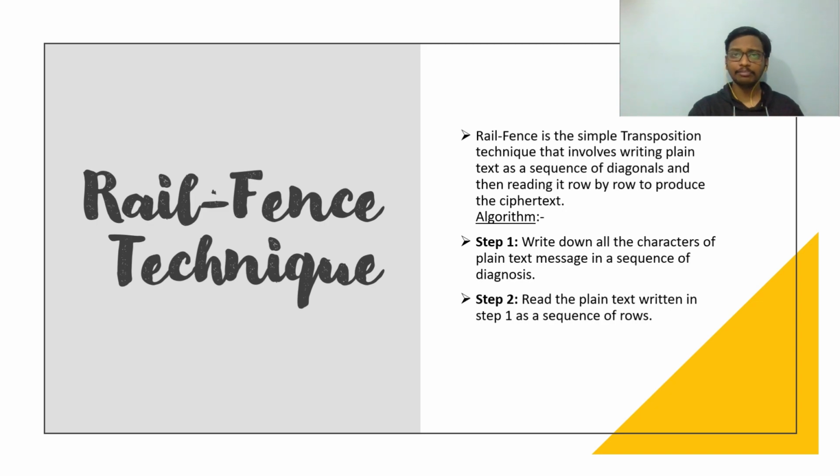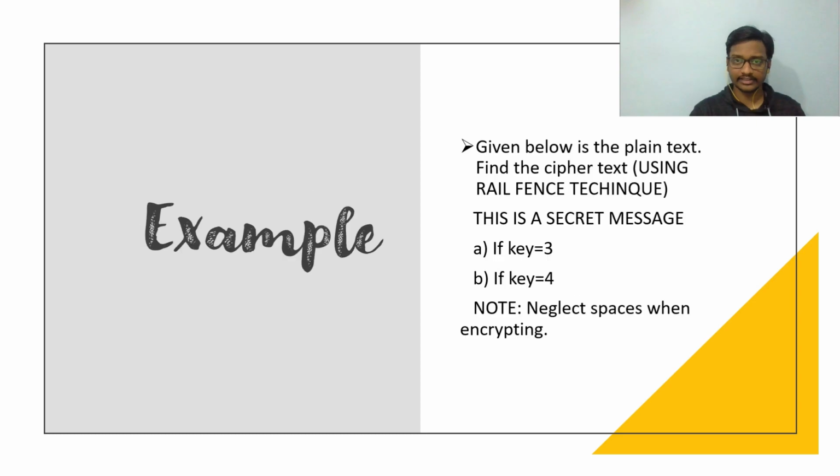Now we will understand it deeply by looking at an example. Given below is a plain text: "This is a secret message", and we have to convert it into the ciphertext. Here they have given two keys to convert it into the ciphertext.